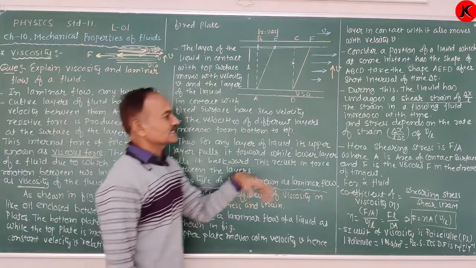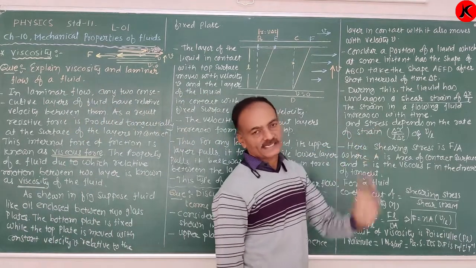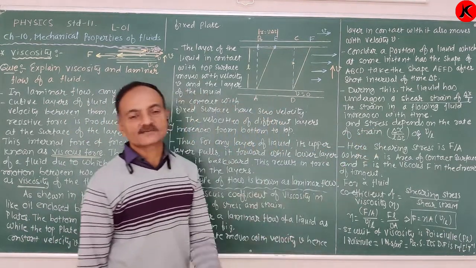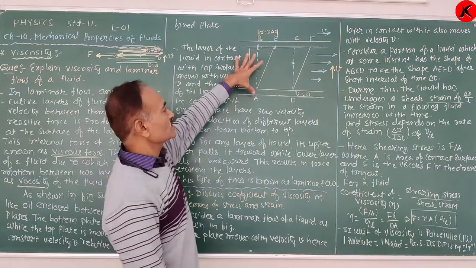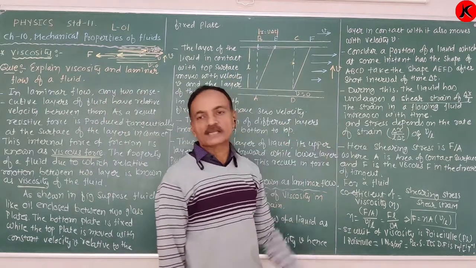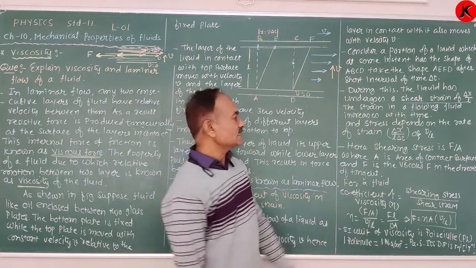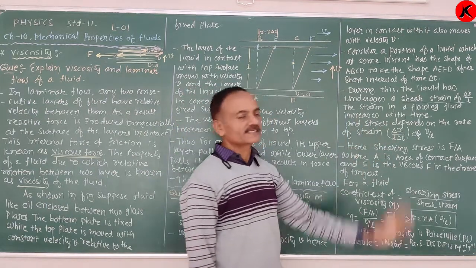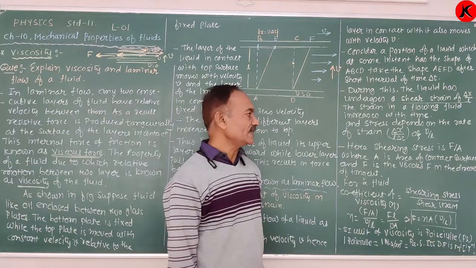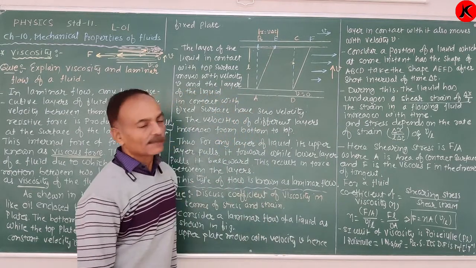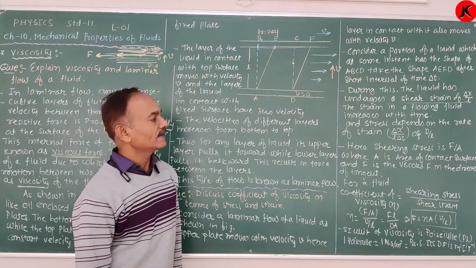And the stress depends on the rate of strain. The stress produced in this portion of the fluid depends on the change in the strain. Rate of strain is delta x upon L upon delta t.